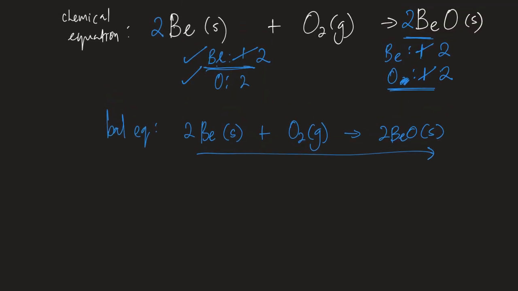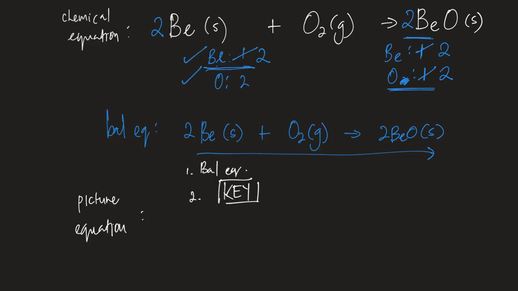The next thing is something called a picture equation. With the picture equation, we use pictures to represent what's happening. The first thing you need is a balanced equation. Once you've got a balanced equation, you need to draw a key.